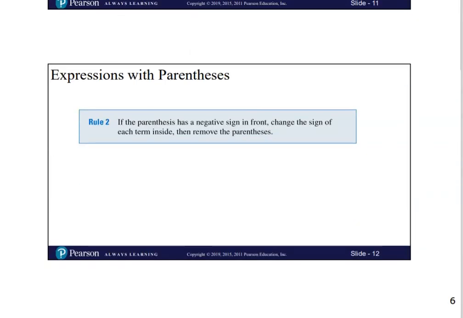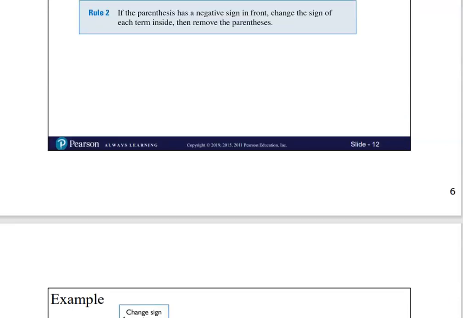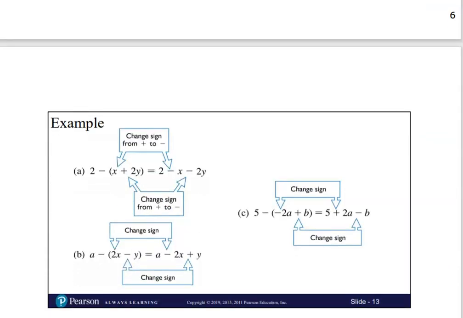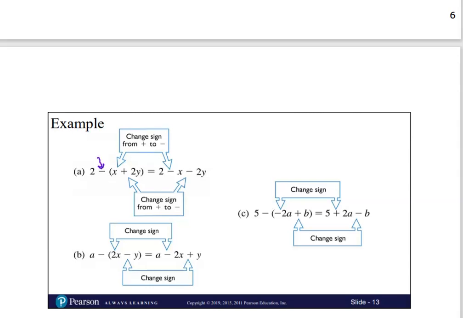Okay, if the parentheses has a negative sign in front of it, change the sign of each term inside, then remove the parentheses. Remember that if you have a negative in front of your parentheses, another word for negative is the opposite. We've talked about the distributive property before, but we want the opposite of whatever's inside our parentheses. So this negative actually has to go with both of these terms inside the parentheses.